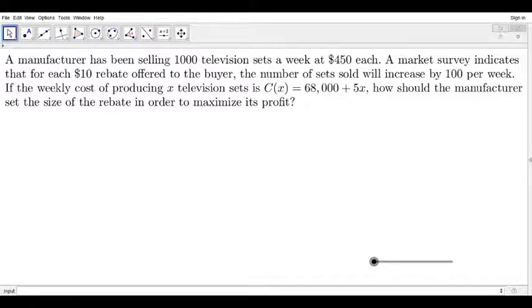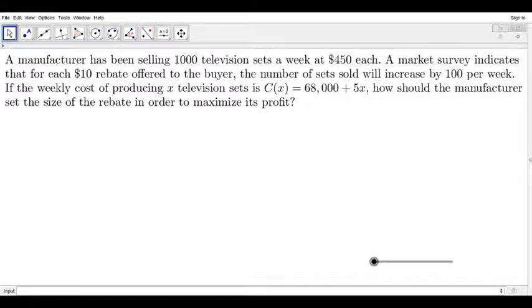Now, profit is by definition revenue minus cost. Cost is what it takes to get the items on the shelves of your store. So that's 68,000 plus 5x. That's at the start what you spent, so it's money out of your pocket.